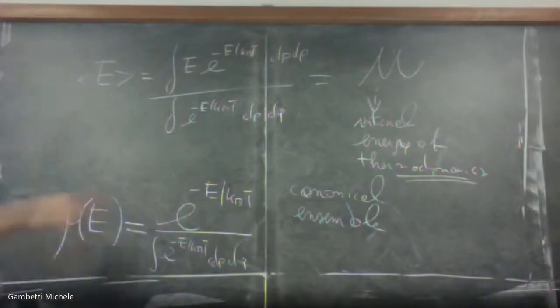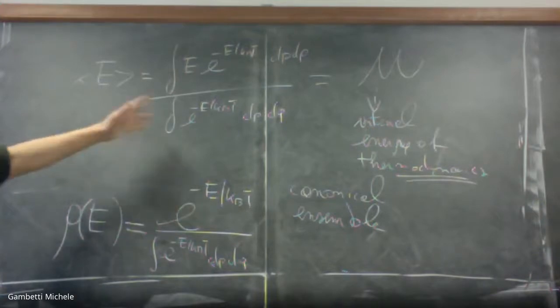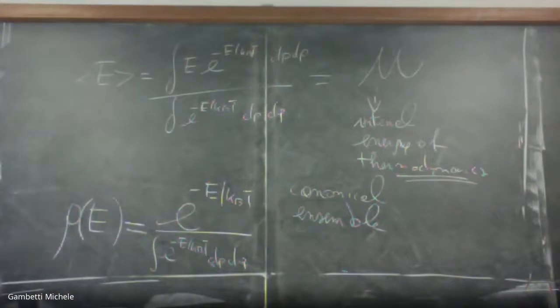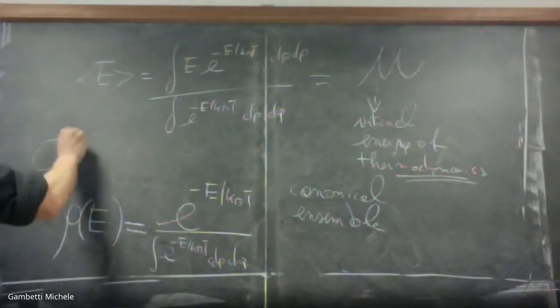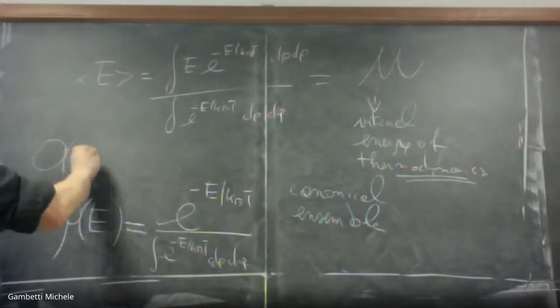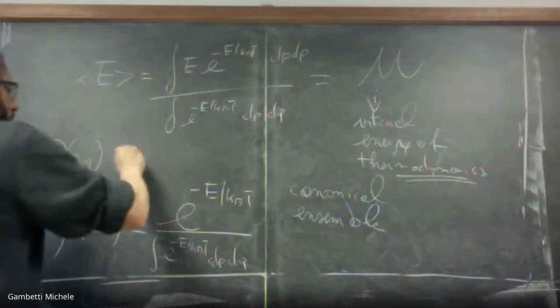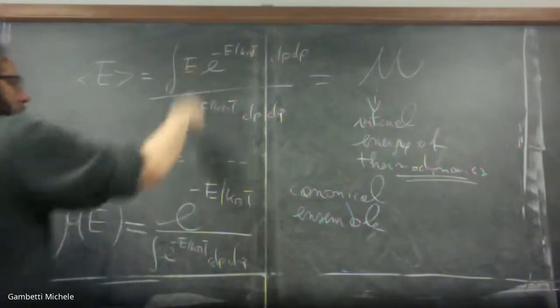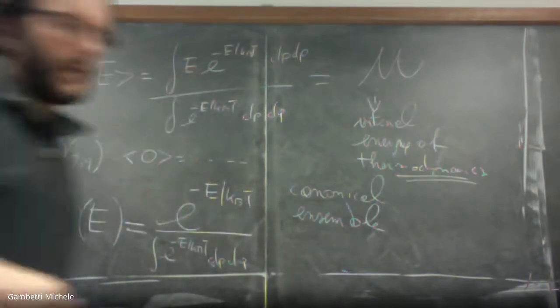Okay. Now, this average can be computed in a similar way for any kind of observable. So if you have a certain function of P and Q, the average value of O will be the same, except that instead of E, I will put O. Okay?